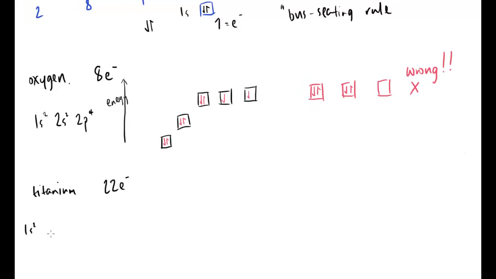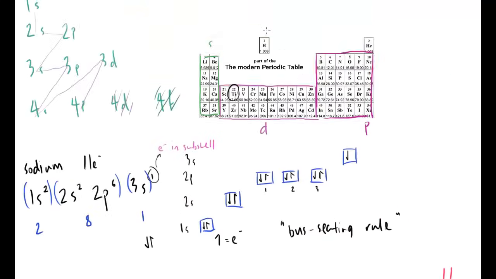So 1s2, 2s2, it's going to be 2p6, 3s2, 3p6. Now at this point we have filled across, and we're now here.